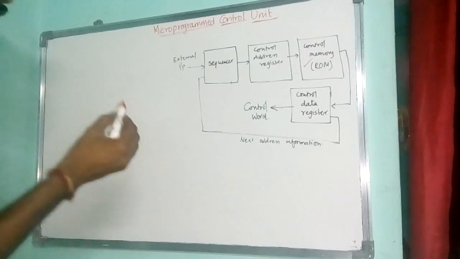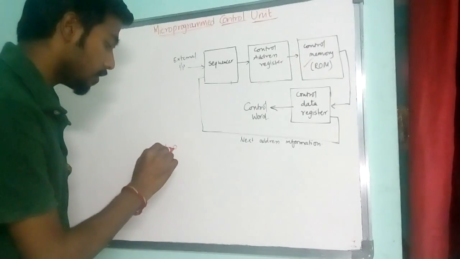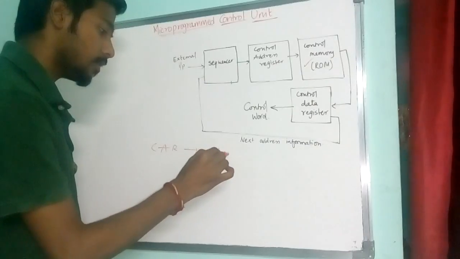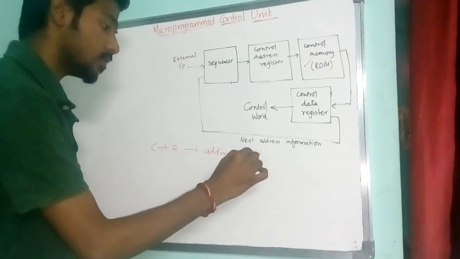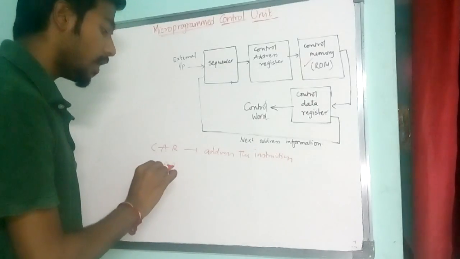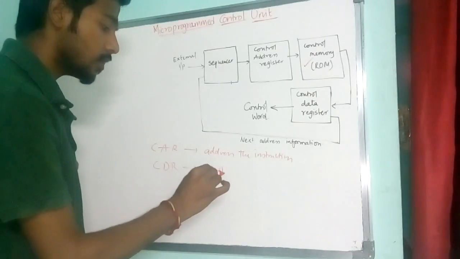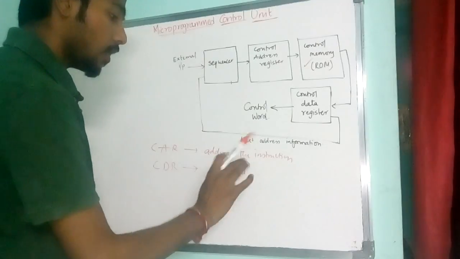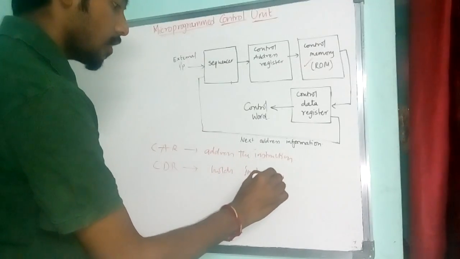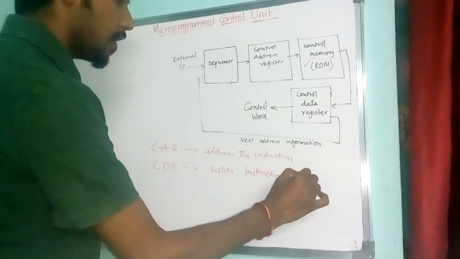The control address register holds the address of the instruction. The control data register holds the data, that means it holds the instruction of that particular address.